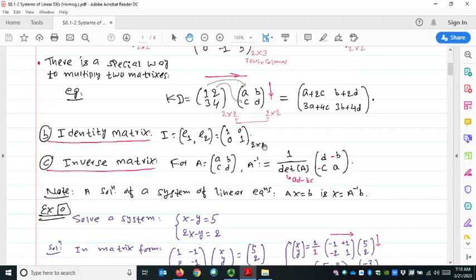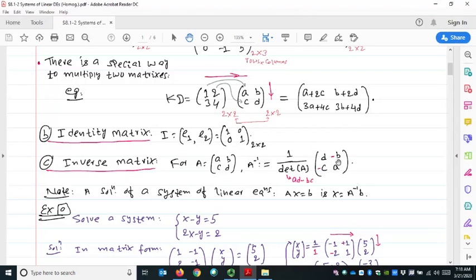Identity matrix is denoted by uppercase letter I, whose columns are (1, 0) and (0, 1), size 2 by 2. Inverse matrix for a square matrix A, whose components are A, B, C, D, is denoted by A inverse. It is defined by A inverse equals 1 over determinant of A times the matrix.